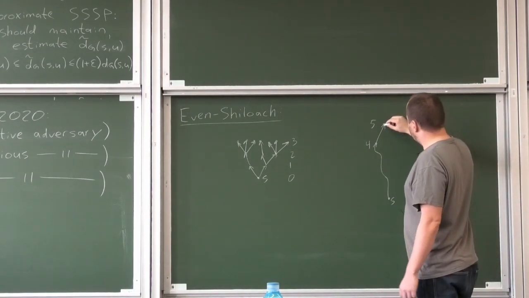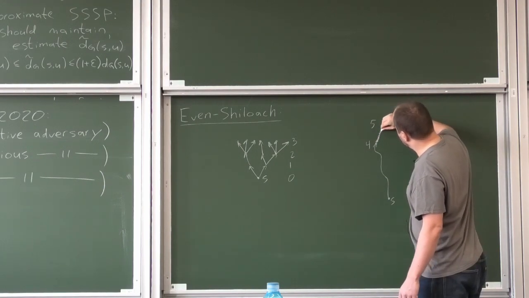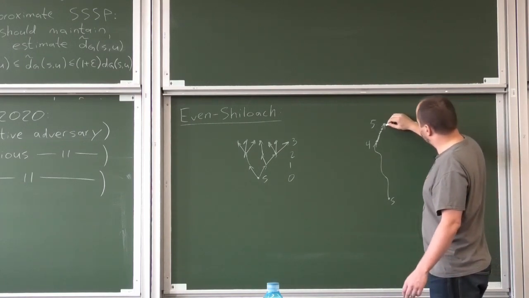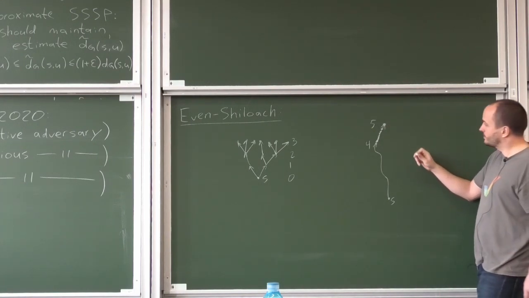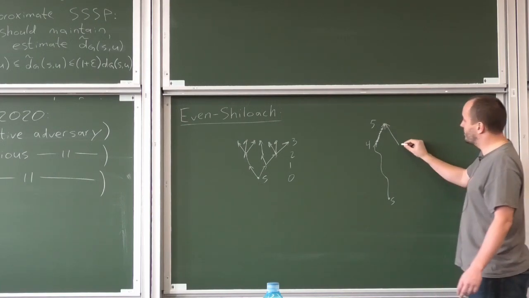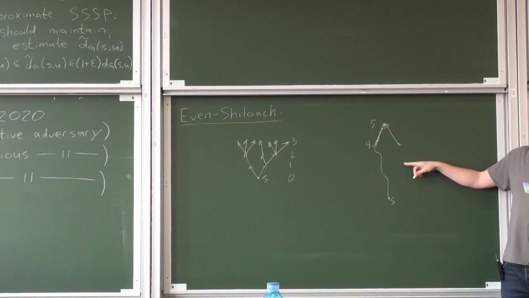Now maybe I should make this edge sort of fat because this is the parent. There might be other edges. Where could edges come from? Well, there could be other edges from the same level 4. Could there be edges from level 4?